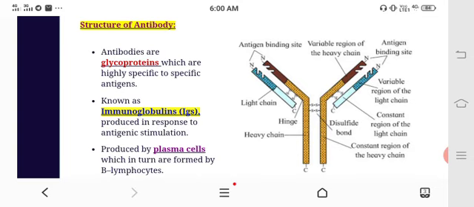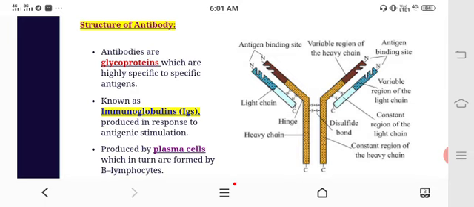So, the structure of antibodies: it is a Y-shaped molecule. In this diagram you see that the antibody structure is a Y-shaped molecule, and each molecule of immunoglobulin, the antibody, is made up of four polypeptide chains, or two pairs of polypeptide chains.